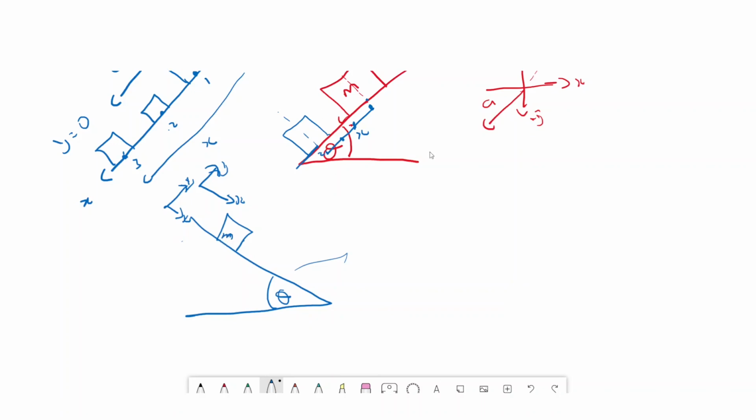All right, so let's go back to the top one. We are going to look at the forces for this one. So how do the forces look if I have theta here?